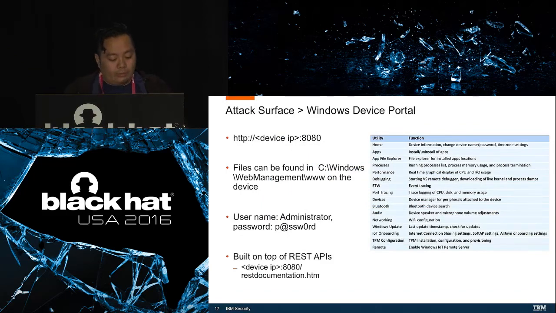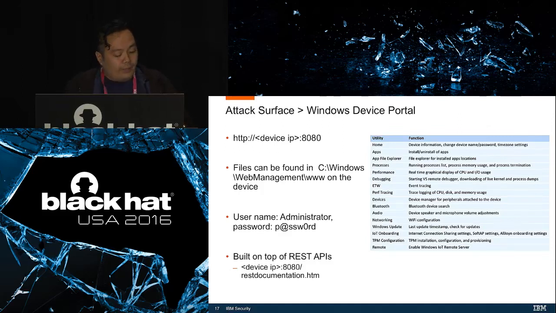So let's talk about the Windows Device Portal. Every edition of Windows 10, like desktop, Xbox, Windows 10 Mobile, HoloLens, and of course Windows 10 IoT Core, provides a web interface that you can use to manage and configure your device remotely. And that web interface is called the Windows Device Portal.